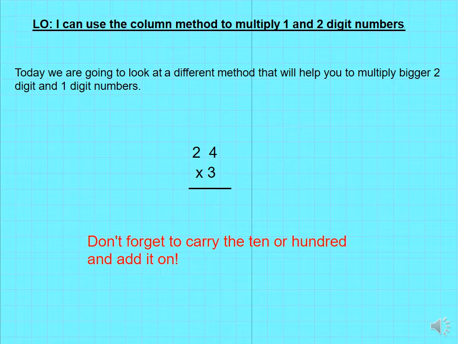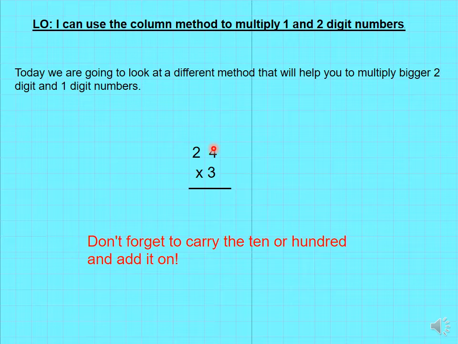So here you can see an example of how we set out the column method, okay? So we've got our tens and our ones, just like we do for column addition and column subtraction.